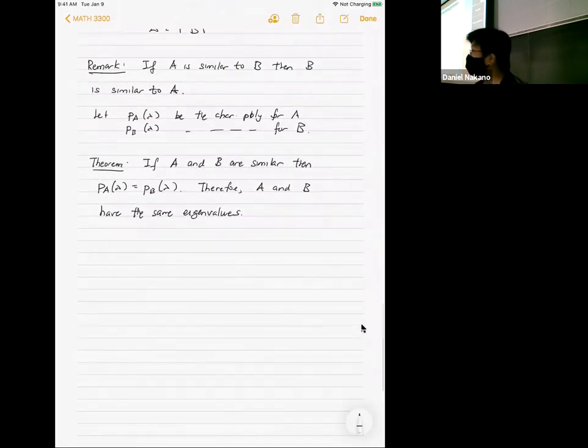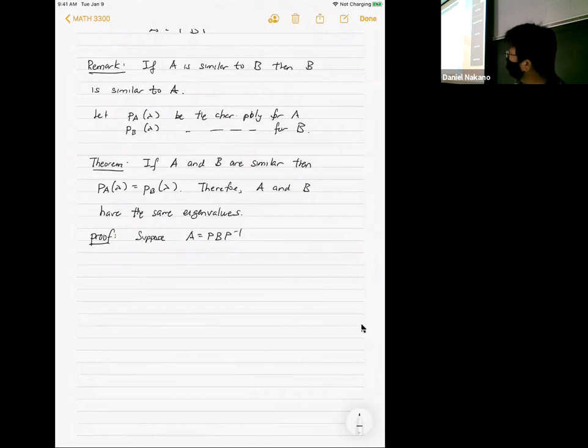All right, this is not so bad. Here's a little bit of a proof. Suppose they're similar, so A is equal to P B P inverse. Now we should subtract lambda times the identity on both sides.